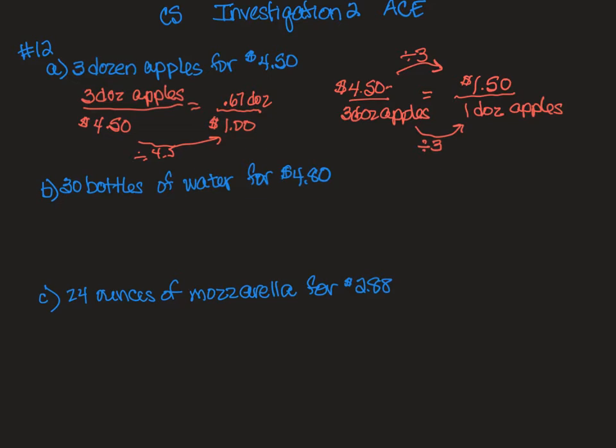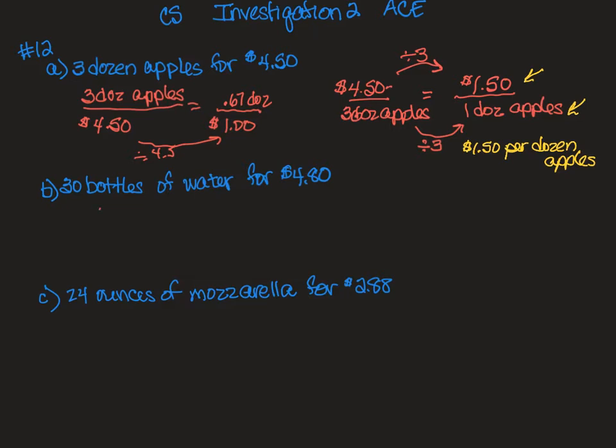So the order you divide by is exactly what your unit rate would be. So this would be $1.50 per dozen apples. Notice, money per dozen.